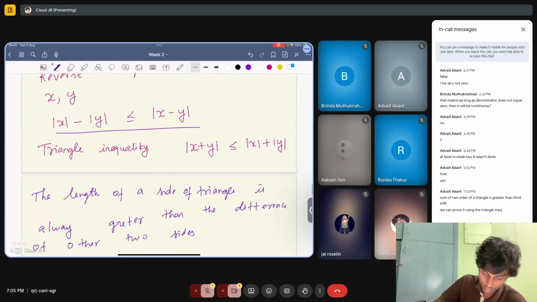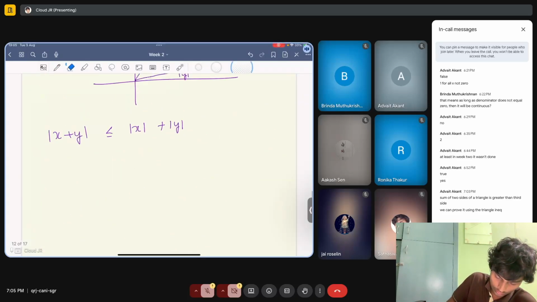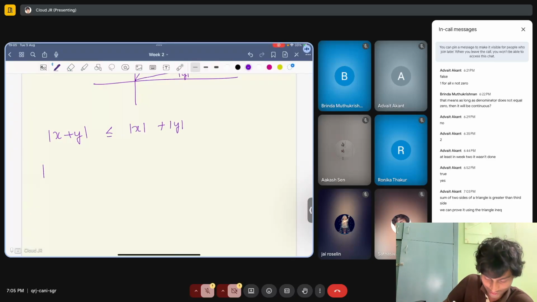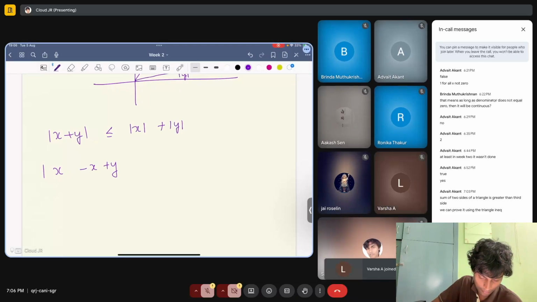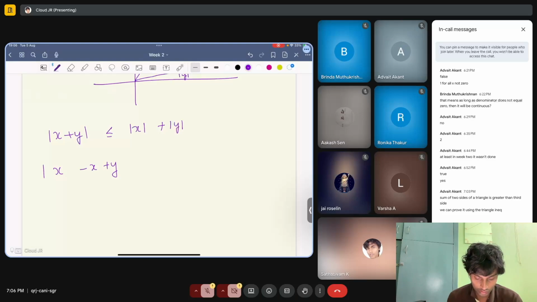Yeah, so you will write like this. Thank you for the hint. So I got it now. You can use minus x plus y. I think this will work. Maybe not. No, I don't want to use that. Minus y plus x.